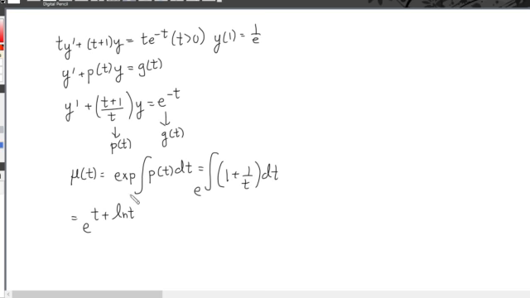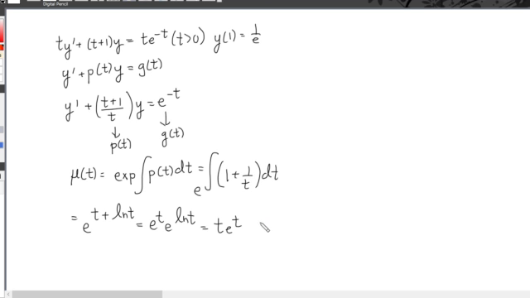So for now, we have e to the power of t times e to the power of ln t, which is just t times e to the power of t. Okay, so that's the integrating factor.